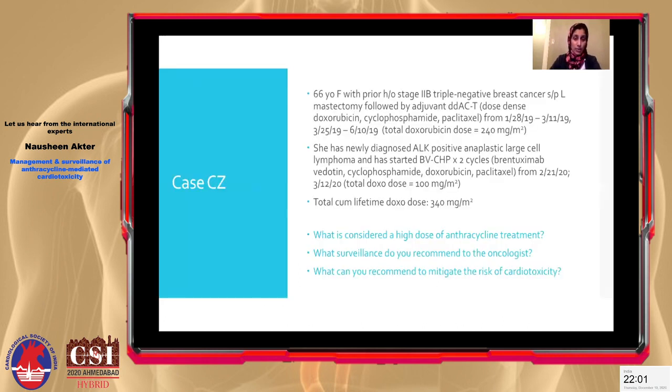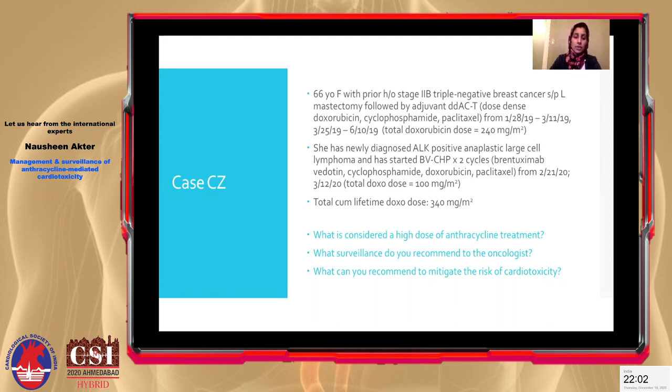I want to present a case of a 66-year-old woman with a history of stage 2 triple negative breast cancer. She's status post left-sided mastectomy, which was followed by an adjuvant dose-dense ACT, which represents doxorubicin, cyclophosphamide, and paclitaxel. The total dose administered here was 240 milligrams per meter squared of doxorubicin.